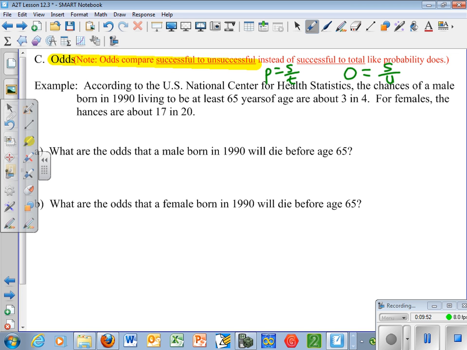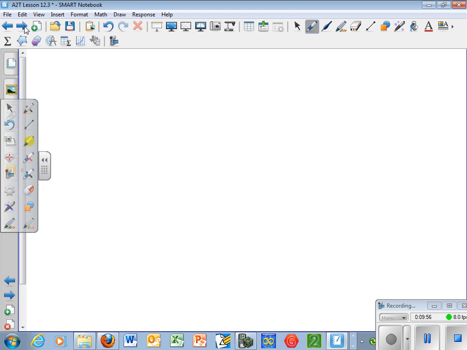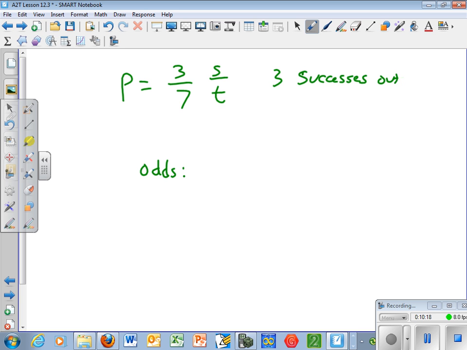So before I get into this word problem, let me just give you an example here. If I said the probability of something happening is 3 out of 7, what are the odds that it happens? If you do this, that's success to total. That means there's 3 successes out of 7 total.